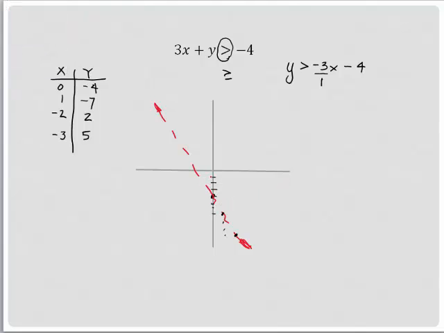Now, let's go back. Because it's an inequality, we have to determine whether it's to the right side or to the left side. And I gave you the rules for that. But it's very easy to figure that out as opposed to remembering those darn rules. So here we have a point, 0, 0. Let's put 0 in for here. 0 plus 0. Is that greater than negative 4?